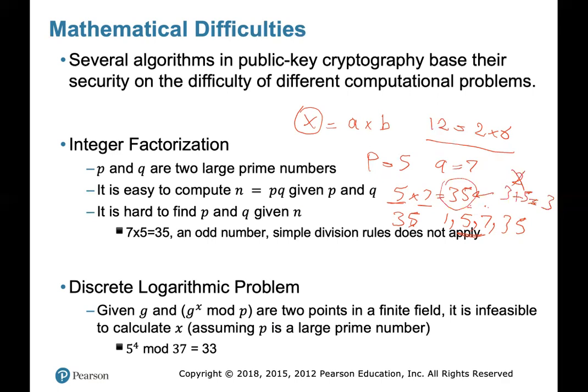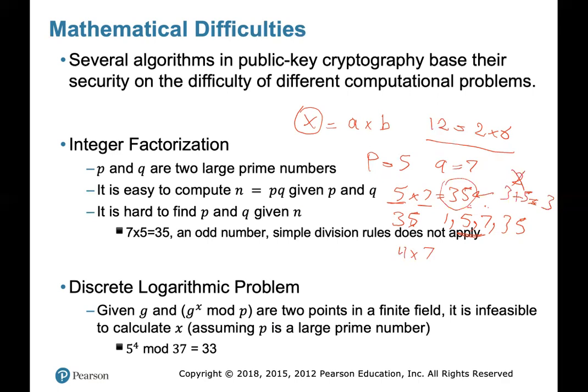So you need to, when I say you, I mean the attacker, check every single number manually to see, for example, does 4 times 7 equal 35 or not, and so on. So it is computationally difficult.